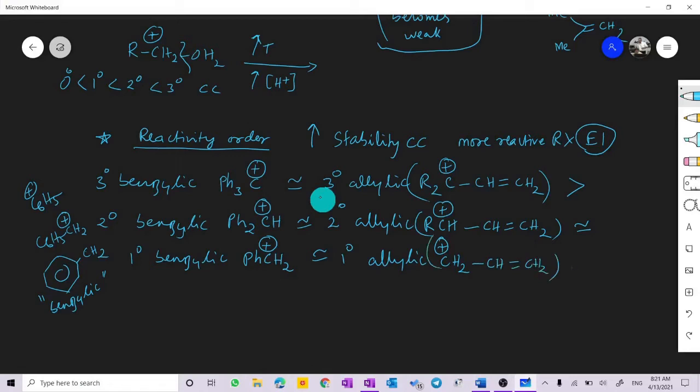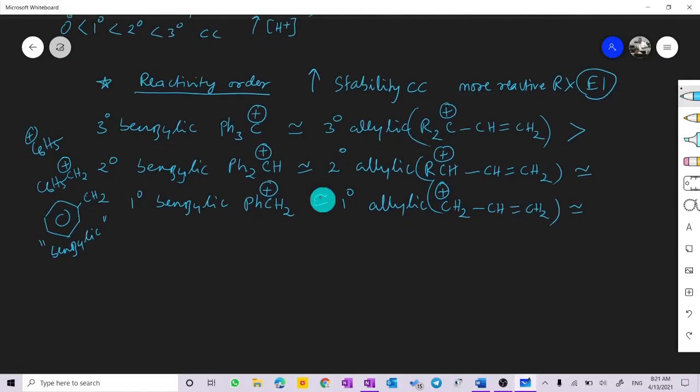Now this is almost comparable to the tertiary carbocation, R3C plus. So primary benzylic, primary allylic and tertiary carbocation are almost comparable in elimination reaction rate, although there may be a slight difference, not much significant.